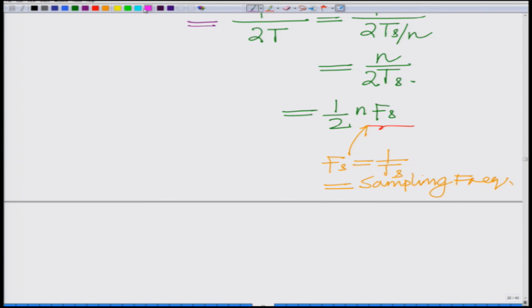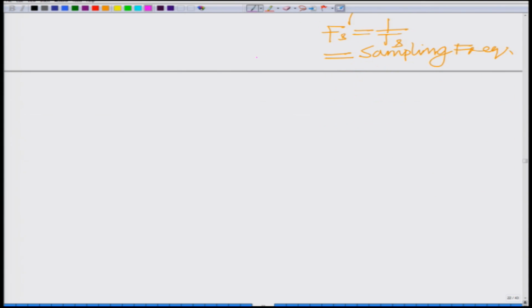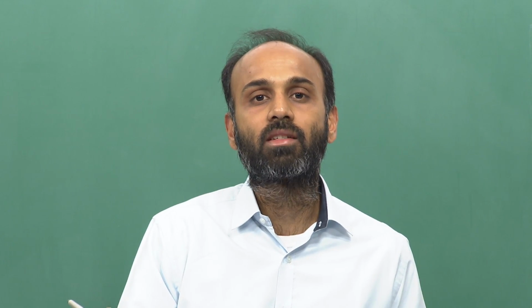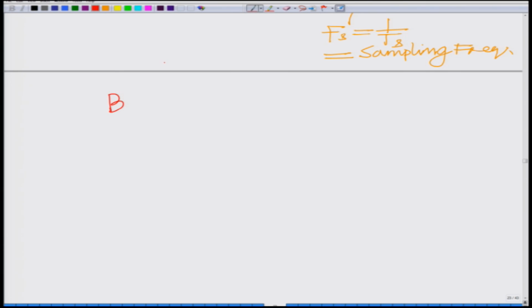Now, the signals have to be sampled at the Nyquist rate. By the Nyquist criterion, the sampling frequency Fs has to be greater than or equal to 2 Fm, where Fm is the maximum frequency of each signal.